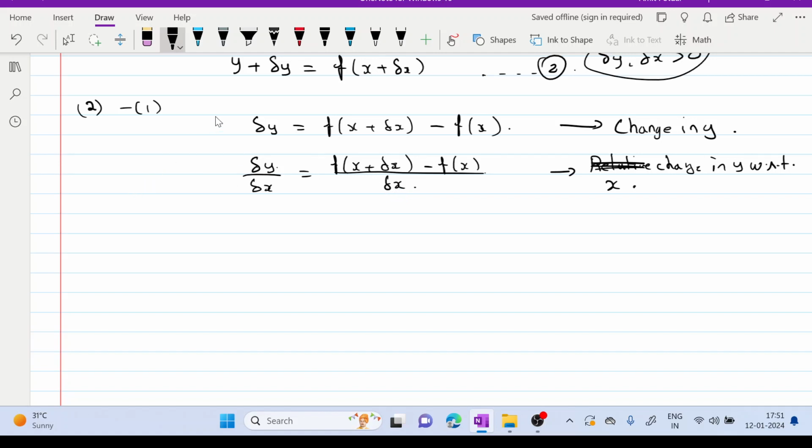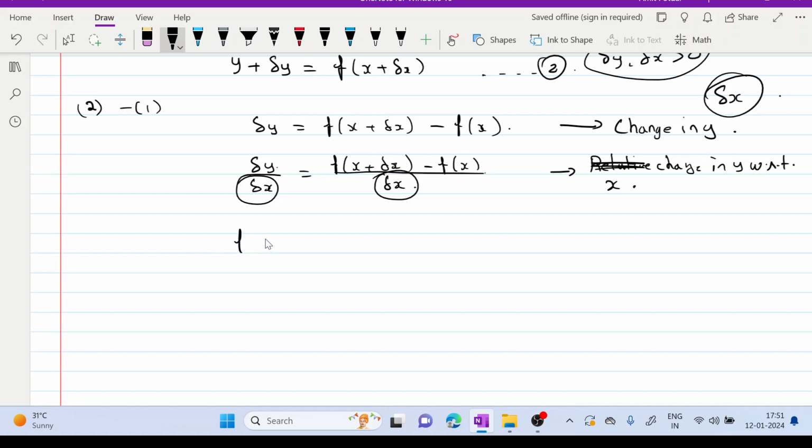Now this change that I have made, delta x, I want this delta x to be very small. The change that I'm making in the value of x, I want this change to be very small, and if it has to be very small, then this delta x should tend to 0.